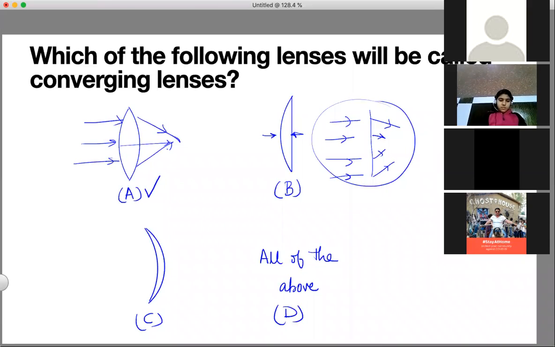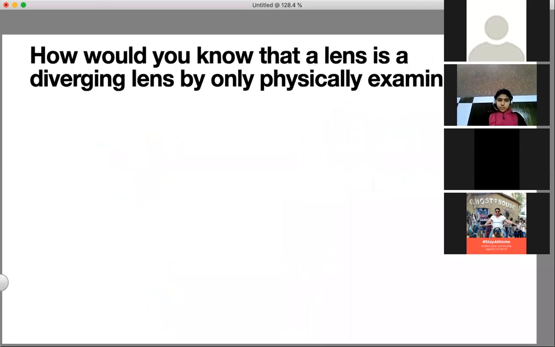So, which are converging lenses? All of these are converging lenses. Even this is thicker at the center. Okay, so this is also a converging lens. So the answer is this. How would you know that a lens is a diverging lens? By only physically examining it. फिजिकल एग्जामिनेशन से कैसे पता चलेगा कि एक लेंस जो है वो डाइवर्जिंग लेंस है? डाइवर्जिंग का मतलब कॉनकेव. कैसे पता चलेगा?